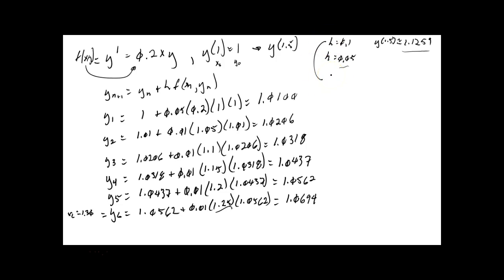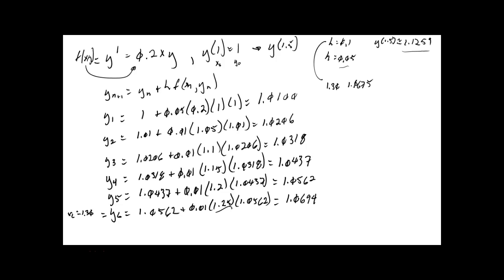I probably should have done different colors. That would have made sense, but it's too late now. When x was 1.3 before, your y was 1.0675. So you see you're a little bit greater here, and my guess is you're more accurate.